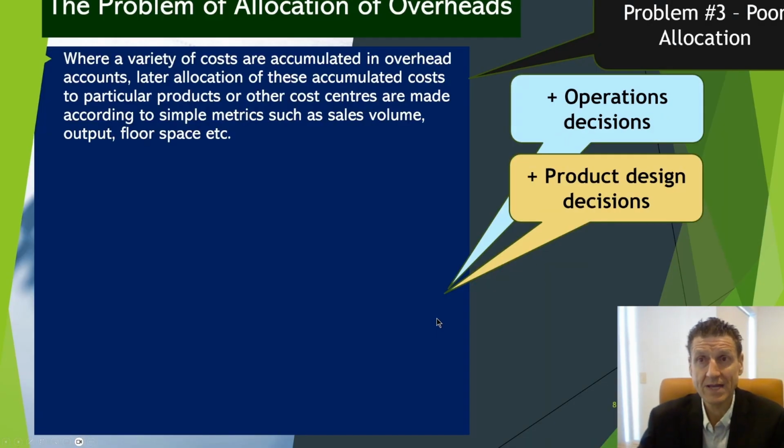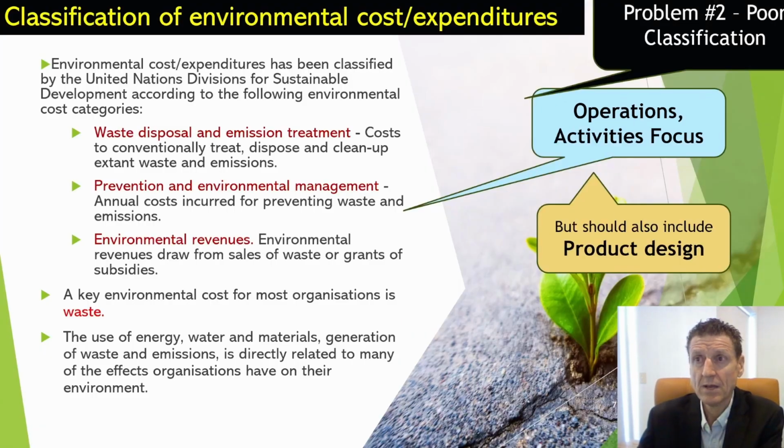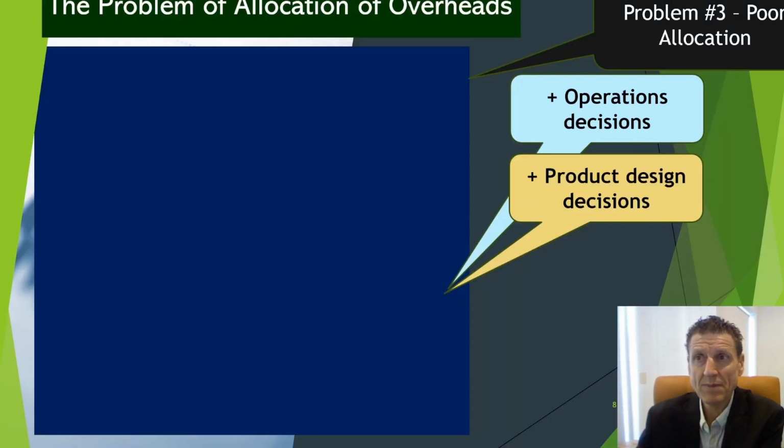So the problem with allocation of overhead. Remember, in the past, we just had the poor classification, and that is really, rather than putting environmental costs into one overhead bucket, we actually separate out and classify and call out different types of environmental costs. The problem number 3 is poor allocation, the poor allocation of overheads to products.